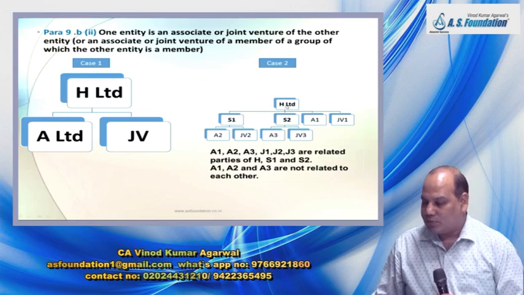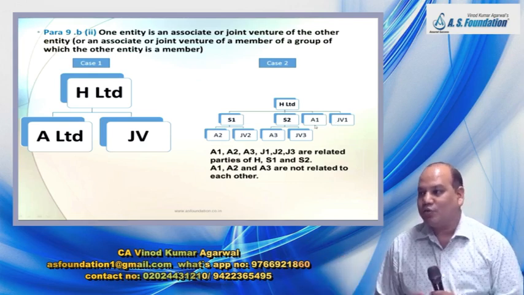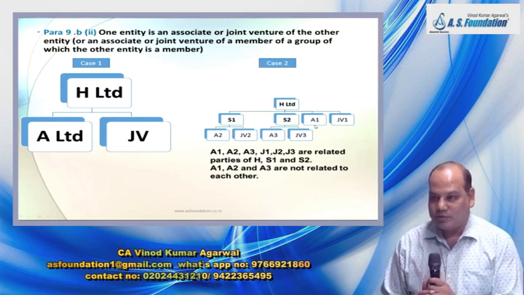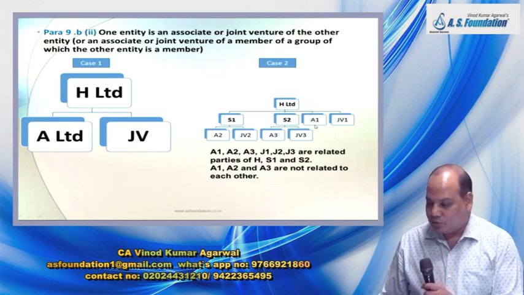So can they simply write like this? All the associates and joint ventures of the group entities are also the associates and joint ventures of the other group entities. Is it right? So A1, A2, A3, J1, J2, J3, meaning joint ventures, are related parties of H, S1, S2.